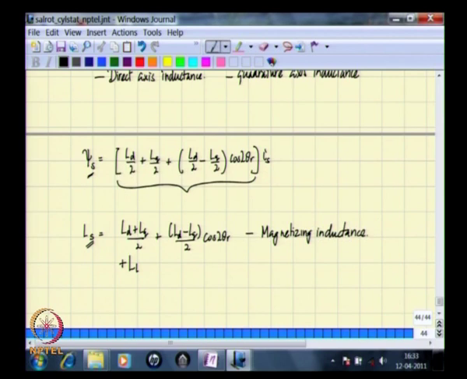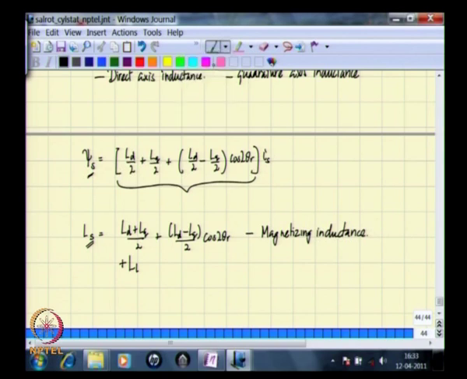So, all those effects together add up and are lumped into one leakage inductance term, which we add as LL. So, the total self inductance then is this leakage inductance component plus the magnetizing inductance term.